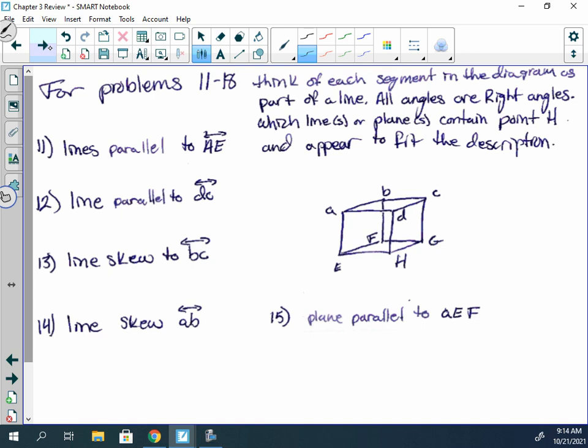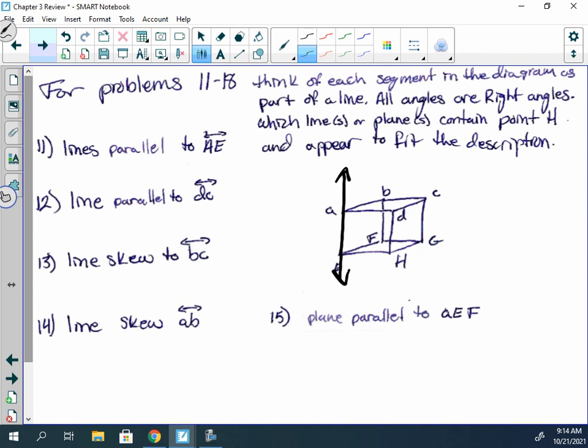So naming the lines parallel, skew, or parallel planes or perpendicular planes. So we could say name a line parallel to AE. Well, AE is right here. Now there are multiple lines that are parallel to AE.